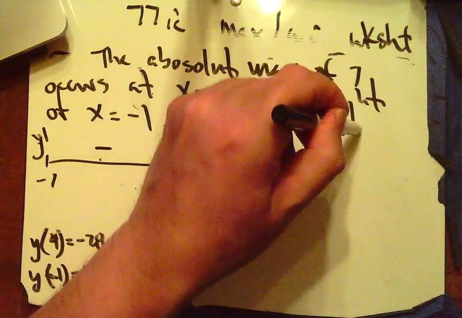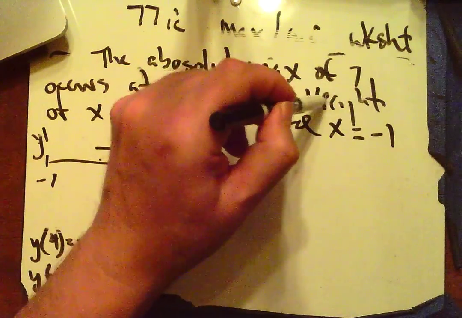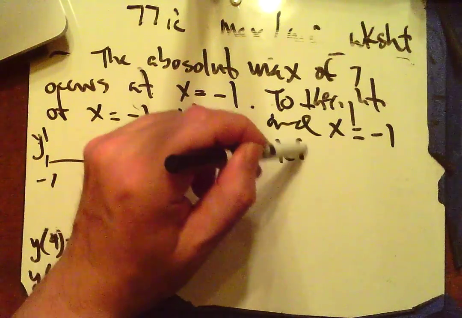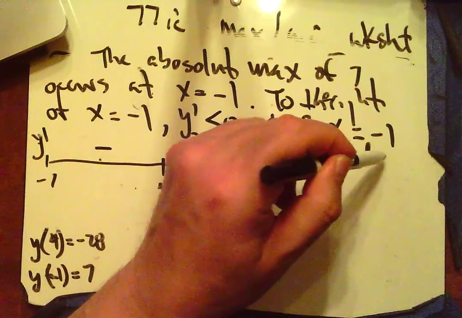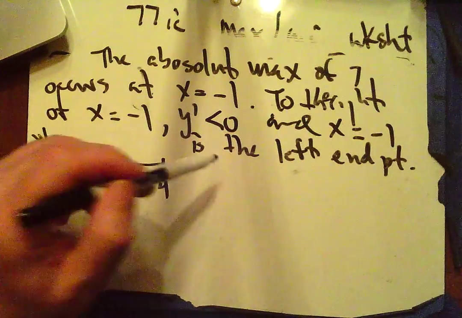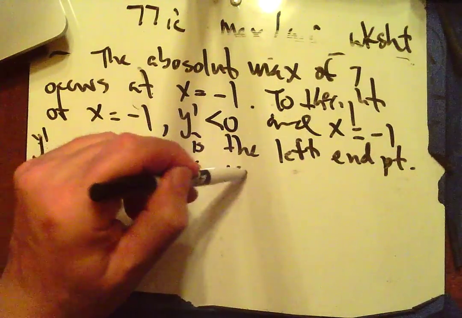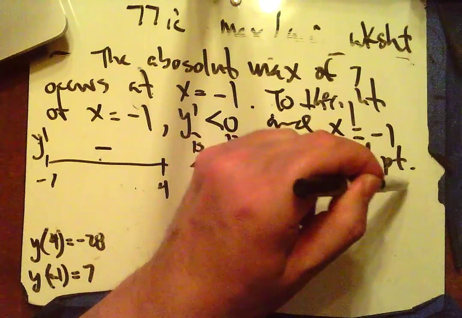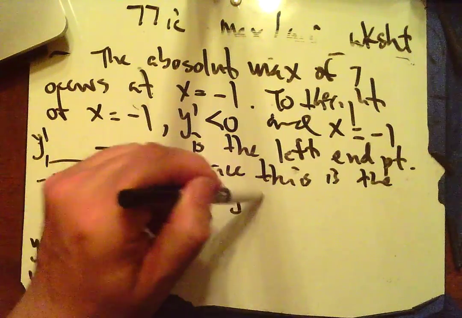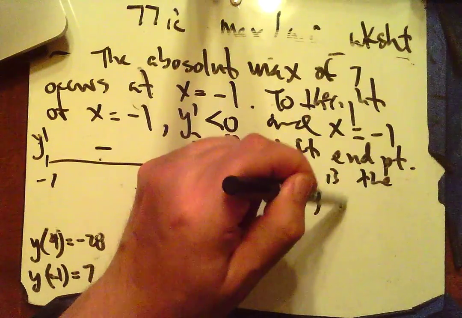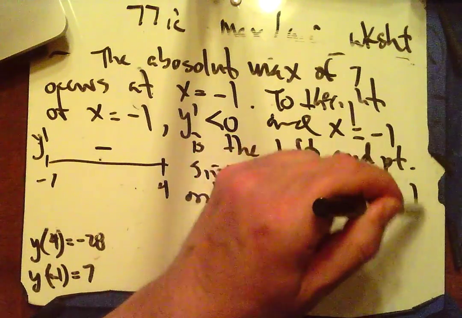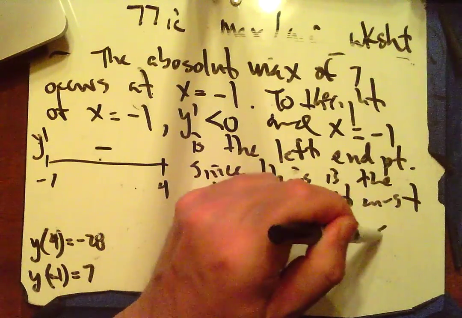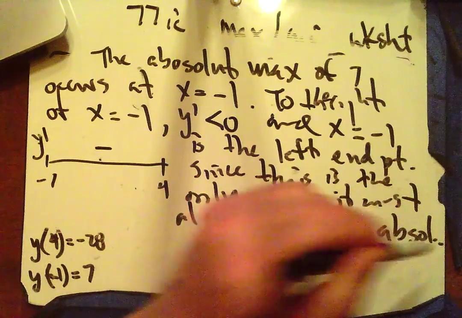And x equals negative 1 is the left endpoint. Since this is the old max, it must also be the absolute max.